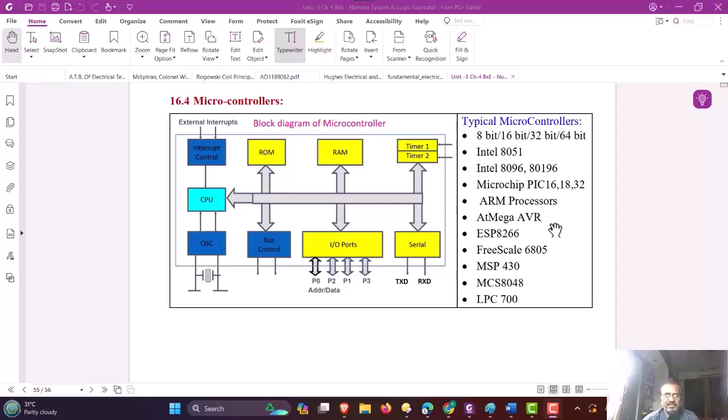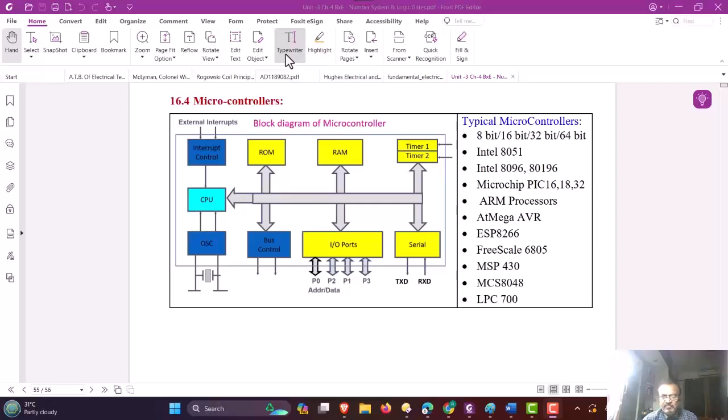ESP8266 is a processor used for digital communication systems.